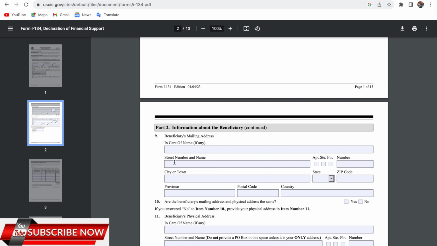So the street number, the city or town, the apartment. If you live in an apartment, you just click on it, and if you live on a floor, you just click on it and put in your apartment number. So you just put in the street number and name.